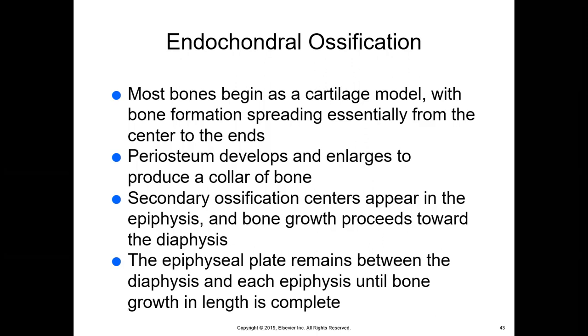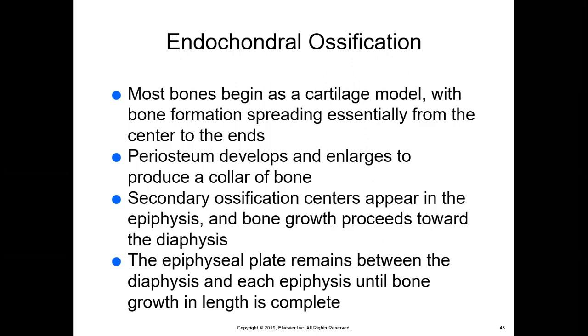What I want you to know is that endochondral ossification starts with a cartilage model. Remember I said that the embryo is all cartilage, and then it has that template that endochondral ossification uses, that template of cartilage, to calcify the cartilage and then become calcified bone.